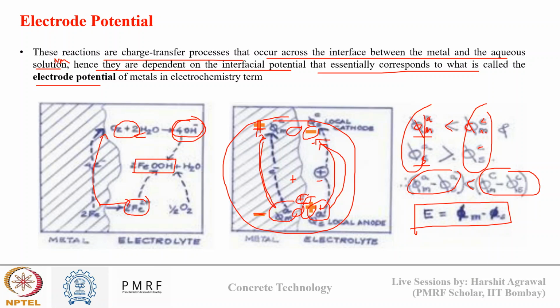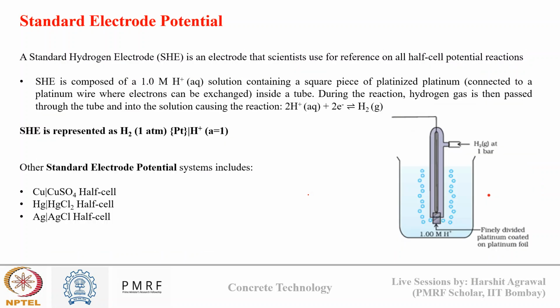It is not possible to measure the potential here. Instead, there are certain systems whose absolute potential value we know. So relative to these systems we report the potential value of our system, and these systems whose potential value we know are known as standard electrodes.